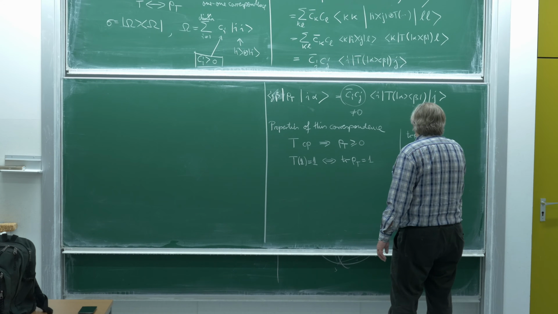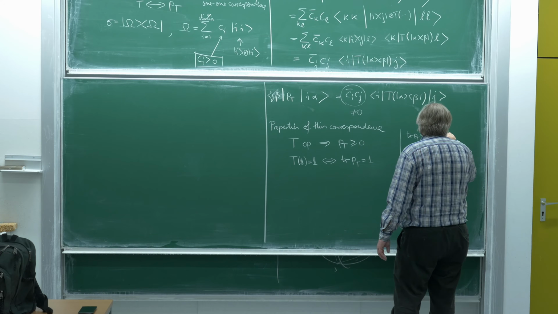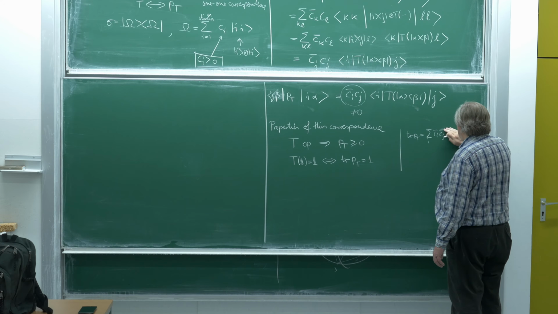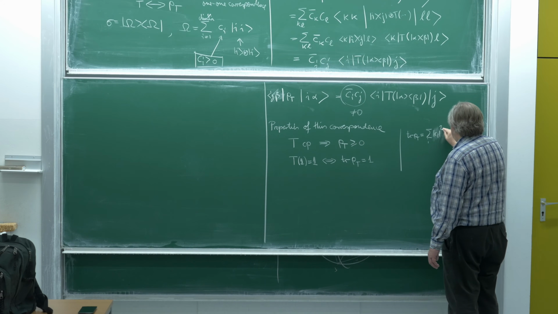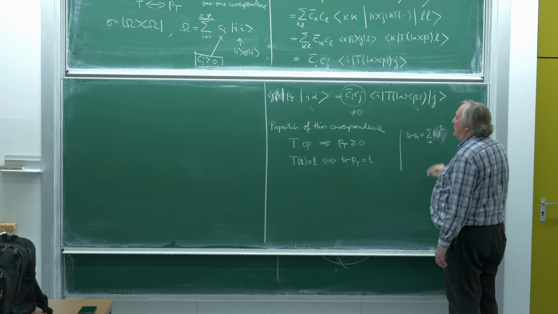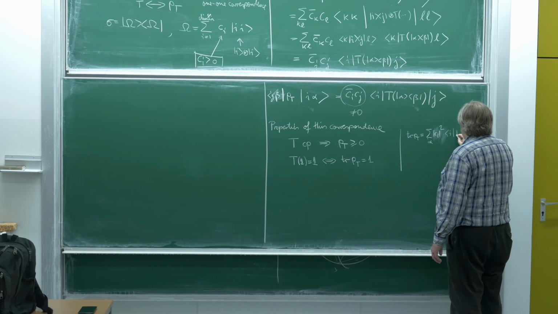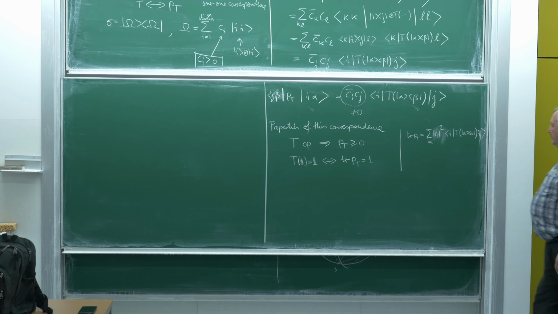Trace rho_T is the sum on i and j of c̄_i c_j. Well, I take the diagonal, so it's |c_i| squared. Okay. And I am also summing on alpha. Alpha is equal, and then I look at ⟨i|T(|α⟩⟨α|)|i⟩. I put j equal to i, right?